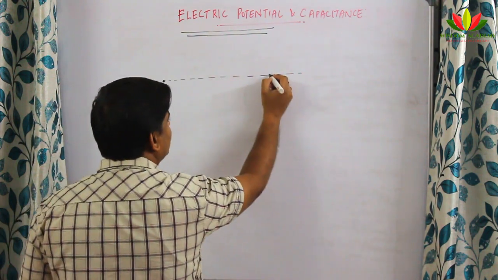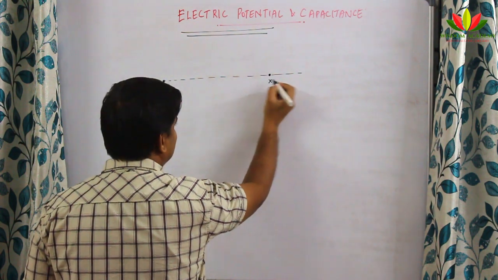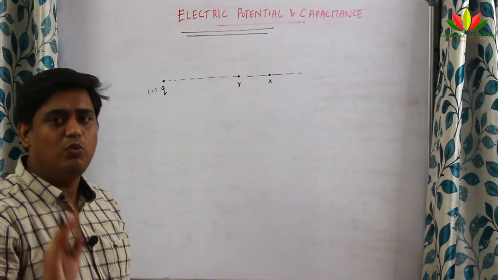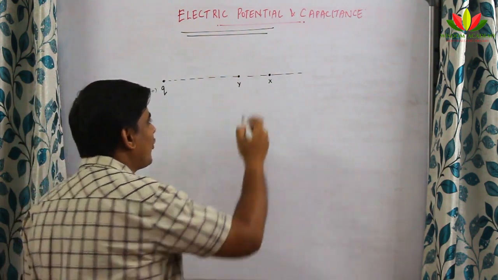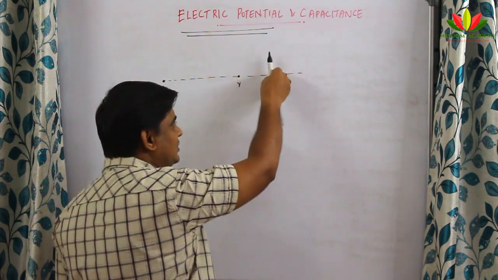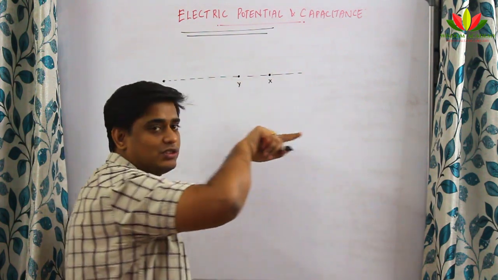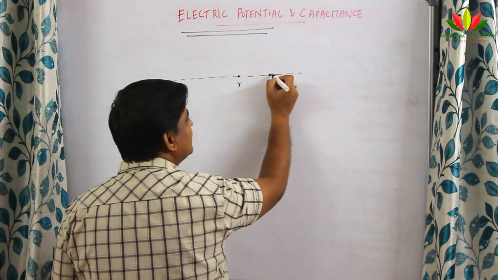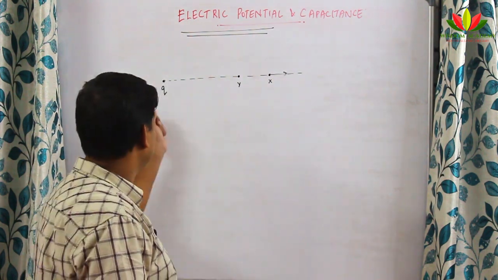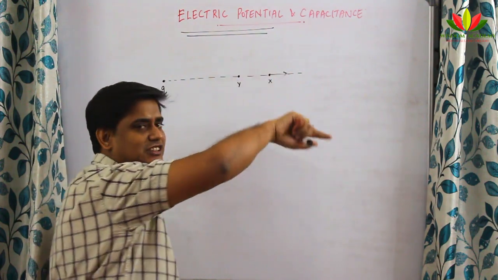Suppose I have a charge here, let this be point X and let this be point Y. I want to move the charge from X to Y. At X, when the test charge is kept, it will experience a force. In which direction? In this direction, isn't it? An electrostatic force of repulsion, because plus and plus, I am giving a test positive charge, so it will get a repulsive force in this direction.